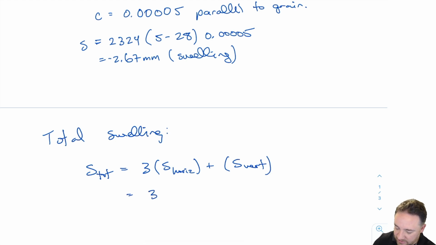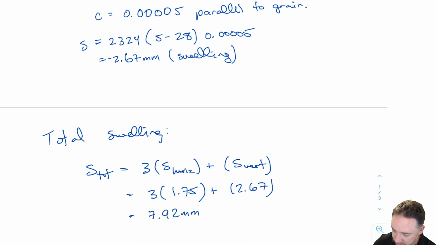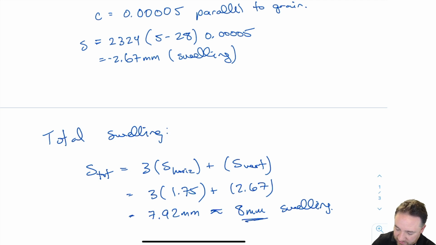We get 3 times 1.75 plus 2.67, all in millimeters, and we get 7.92 millimeters, which is equal to about 8 millimeters of swelling. So that's my final answer.